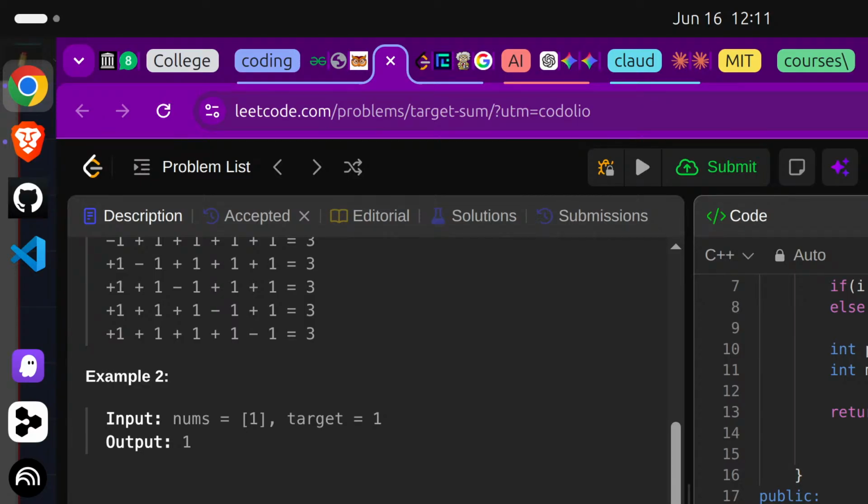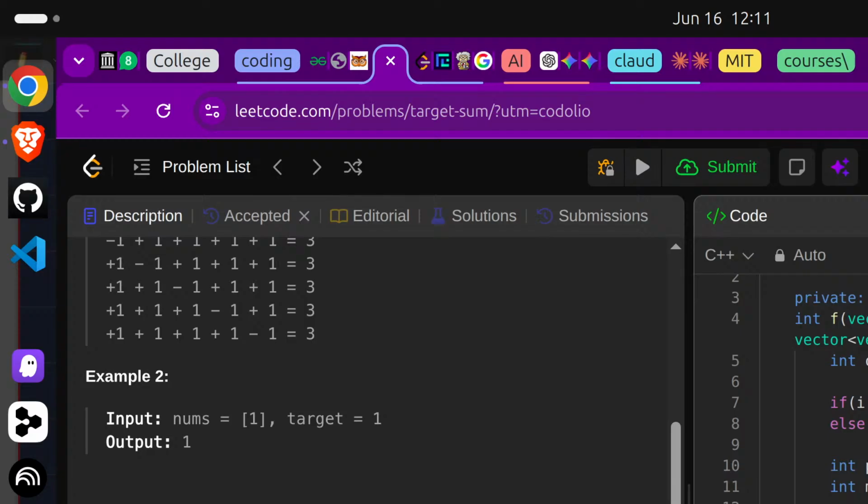-1 and dp of i comma target plus offset is not equal to this one, then return dp of i comma target plus offset, right?